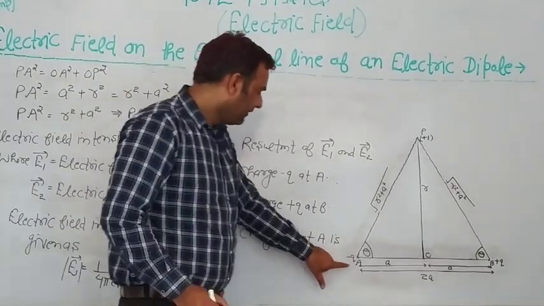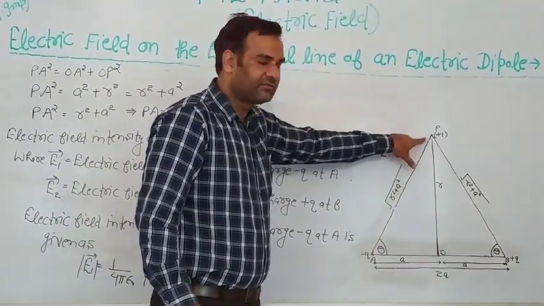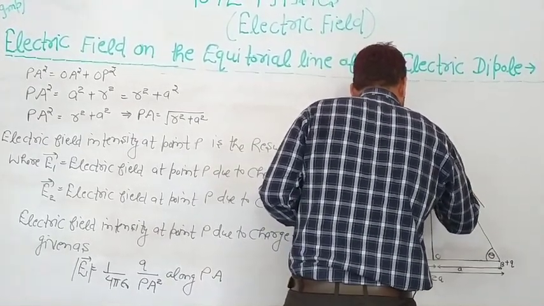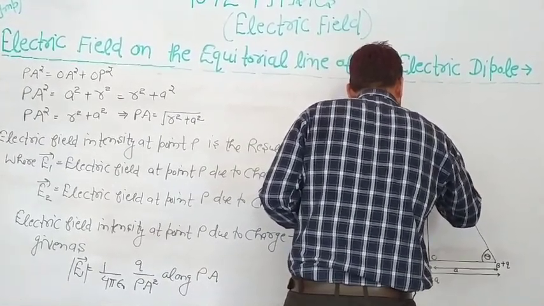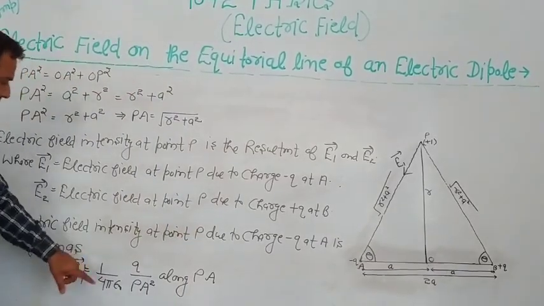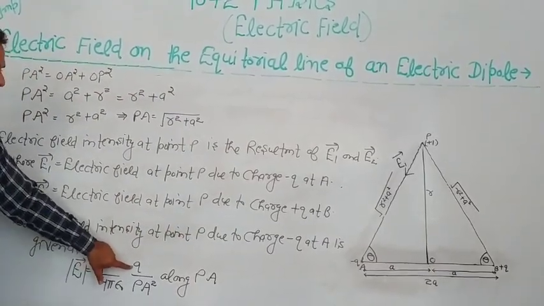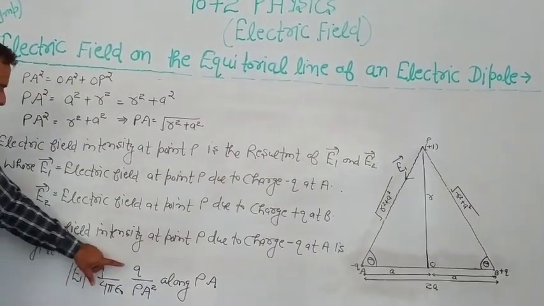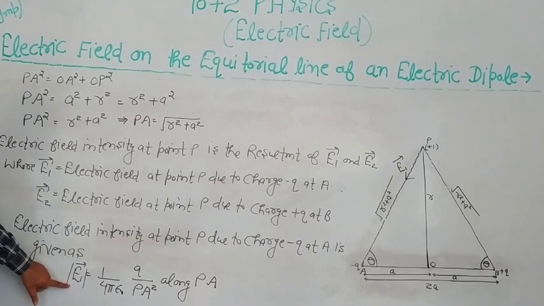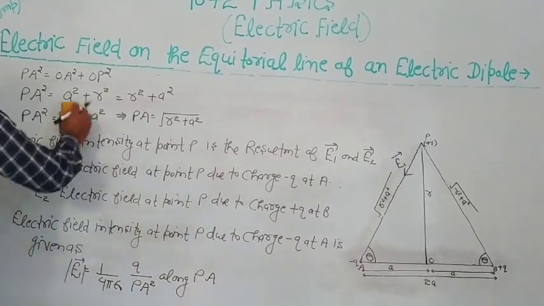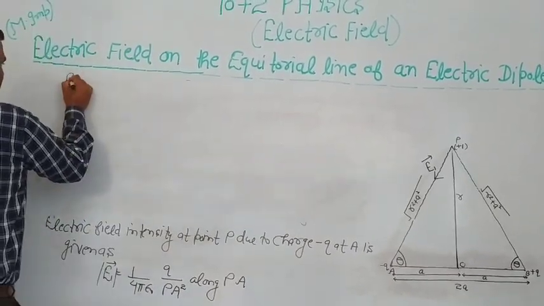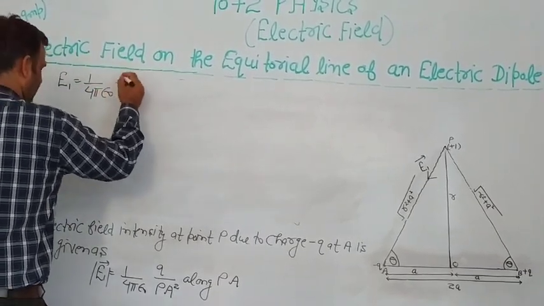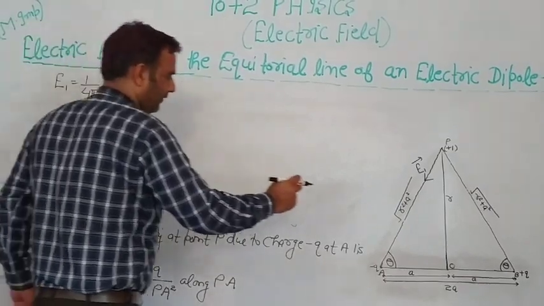Because this is a negative charge and this is a positive charge, both attract each other, so this is the direction of E1. Here the charge is taken as positive because I am taking the magnitude. What is the value of PA?